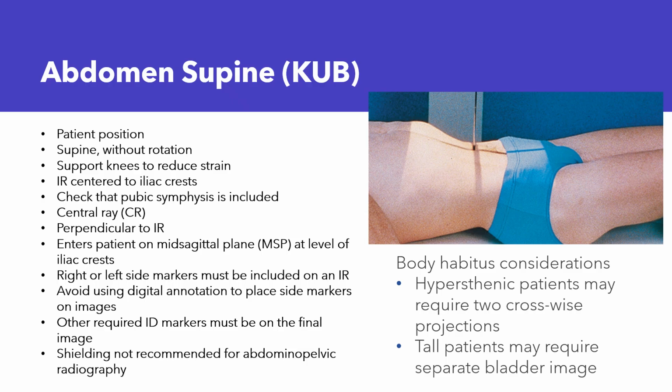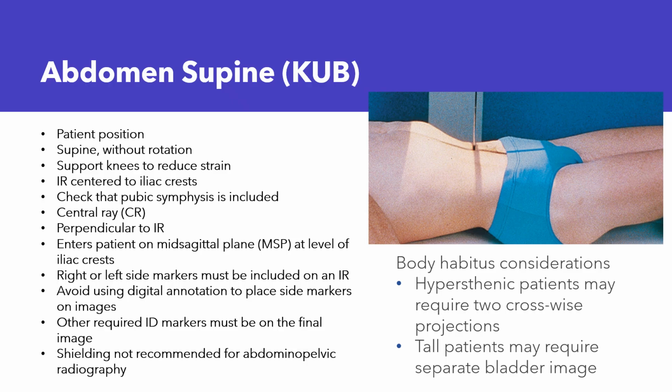Okay? Right or left side markers are placed. Typically, you're placing a right marker in the area of the patient's right hip, the bottom outside corner of the image receptor. Okay? You'll not reach across and place your marker on the far side of the image receptor. That's a good way for the table to eat your marker and not give it back to you. Okay?